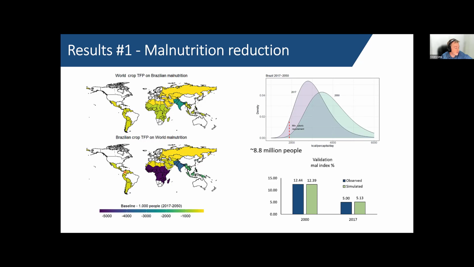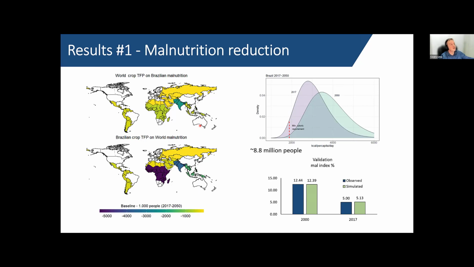We can see that Brazil has a huge impact on its neighbors in South America, and especially in Sub-Saharan Africa, South Asia and Southeast Asia, which are vulnerable regions in the world.